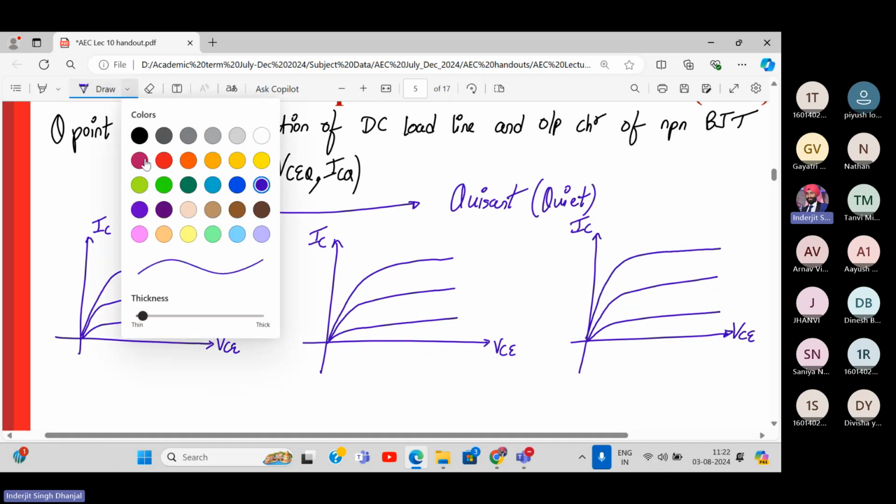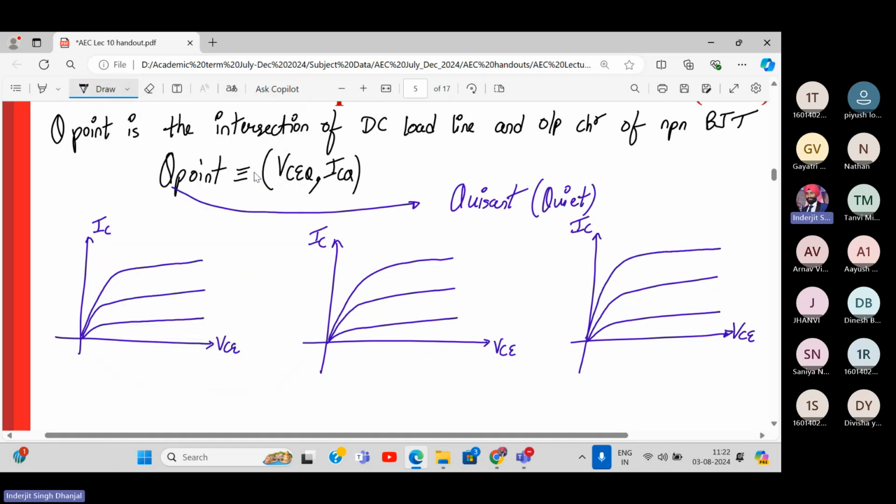And let me draw the Q point, the DC load line for these three curves. Now the Q point for the first one is over here. For the second, the Q point is over here. And for the third case, the Q point is over here.